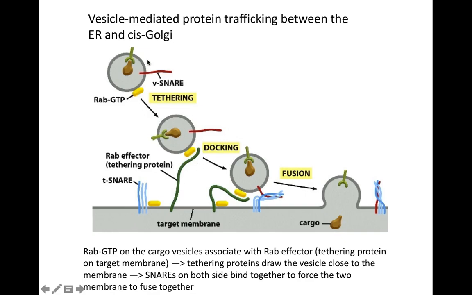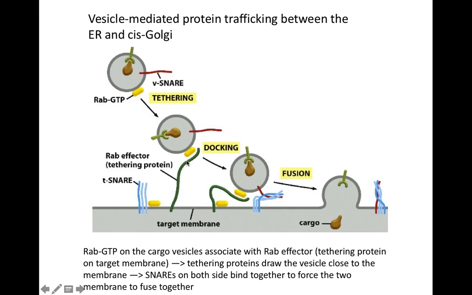So when the vesicle comes closer to the target membrane, it is encountered by the RAB effector protein. The interaction between the RAB GTPases and the effector proteins is the first step that takes place here, even before the v-SNARE could form an attachment with the t-SNARE. When the vesicle gets associated with this RAB effector protein, tethering takes place between the vesicle and the effector protein.